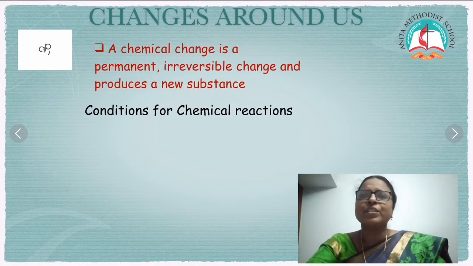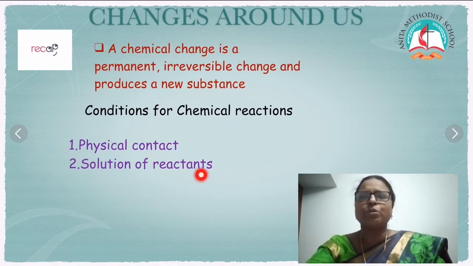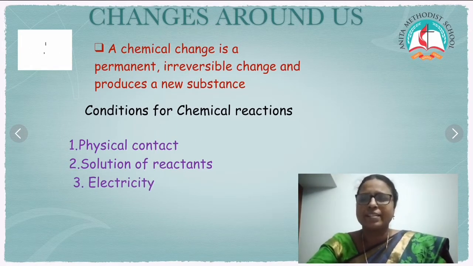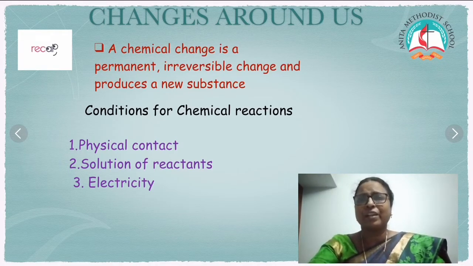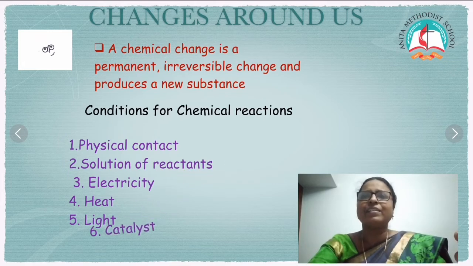So what are the conditions we learned? The first one is physical contact. The second one is solution of reactants. And then you learned electricity. Today we are going to learn about the other three conditions of chemical reactions. They are heat, light and catalyst.